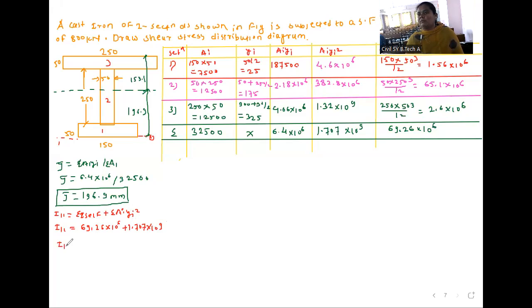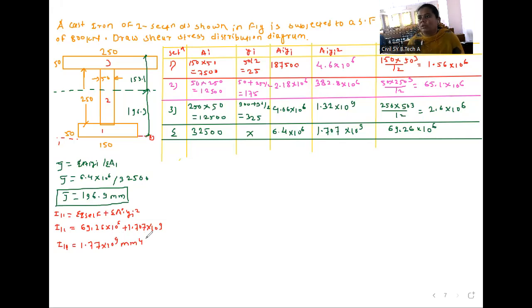So I11 is equal to 1.77 into 10 raised to 9.